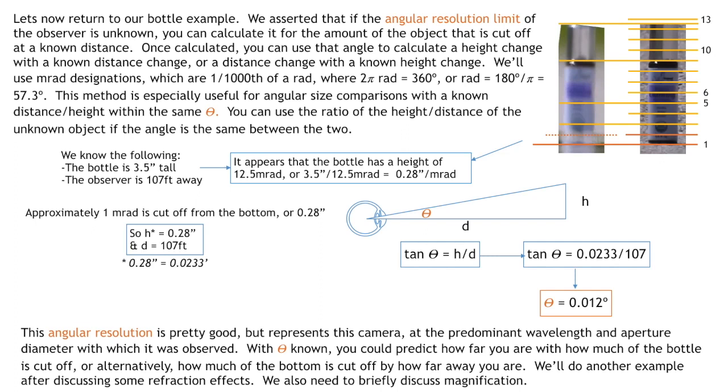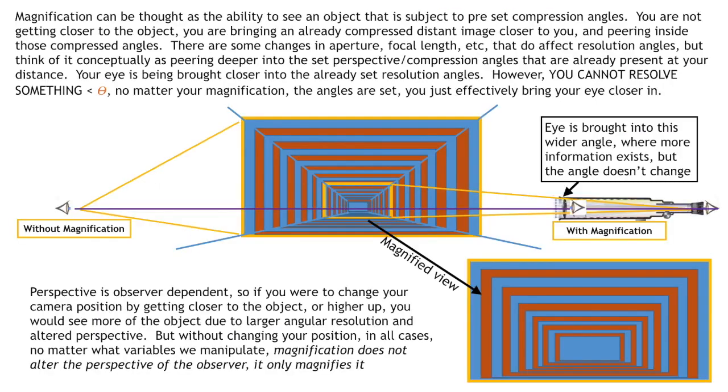So with a theta known for this particular object, you could predict how far you are by how much of the bottle is cut off, or alternatively, how much of the bottom is cut off by how far away you are. We'll do another example after discussing some refraction effects to make this a little more clear. But we also need to briefly discuss magnification, I think, before we go further.